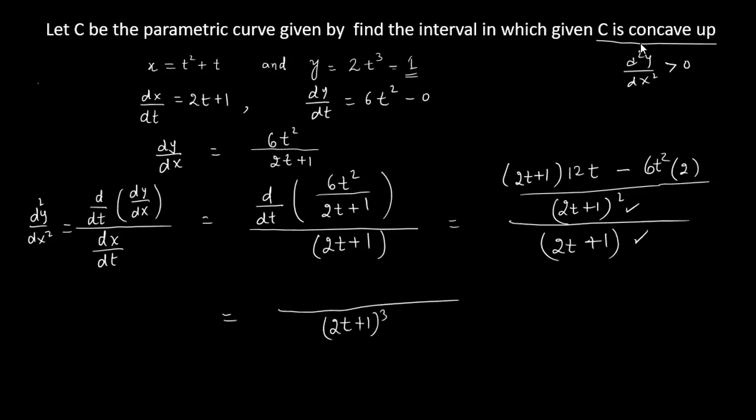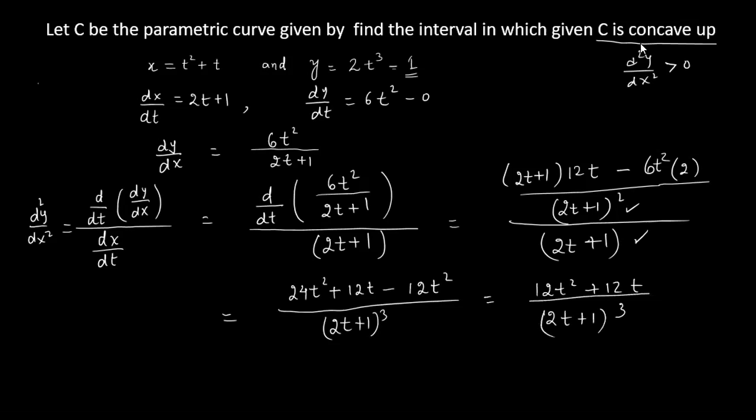12t into 2t gives us 24t squared plus 12t, minus 12t squared. After subtracting, we get 12t squared plus 12t divided by (2t plus 1) cubed.